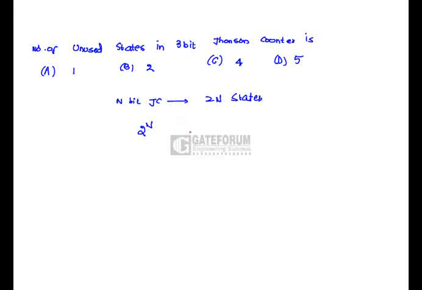So the number of unused states is 2 power n minus 2n. Here n equals 3, that is 2 power 3 minus 6, so 2 states are the unused states. That is, option B is correct.